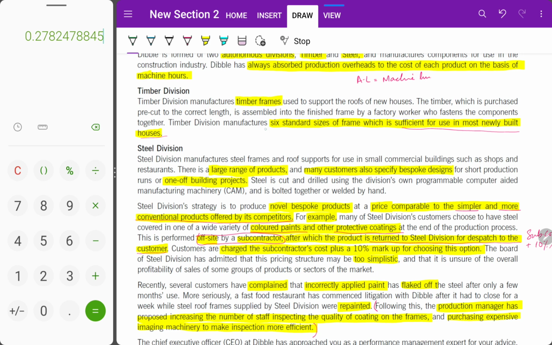Timber division manufactures 6 standard sizes of frame, which is sufficient for use in mostly newly built houses. So probably the product is same, the only thing which changes is the size of the product, size of the component, right?